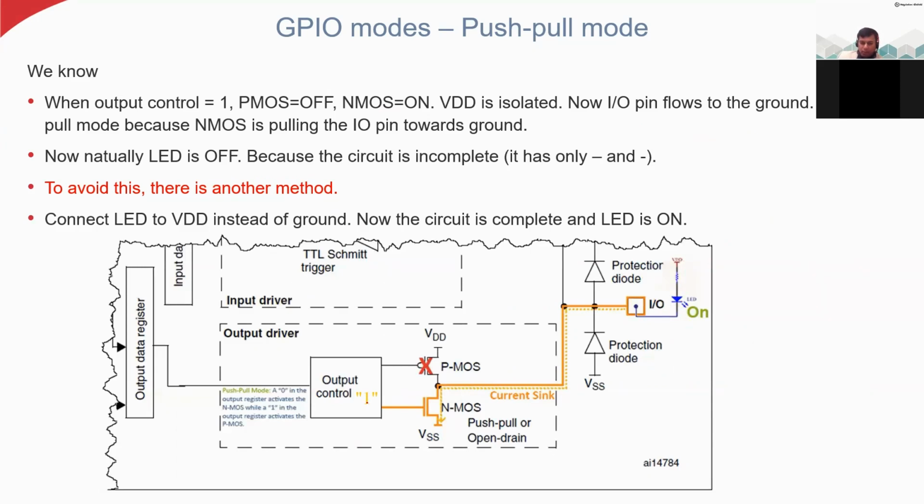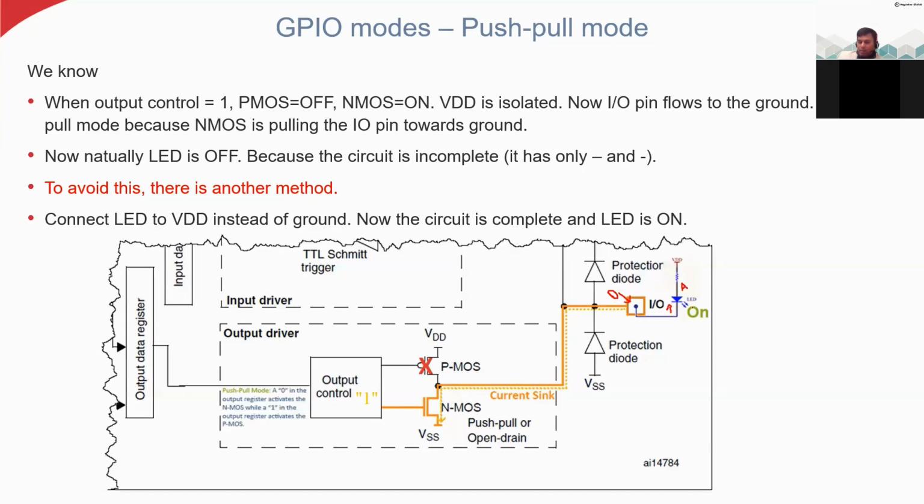For example, here we get 1 at the output, and because of this 1 there is a short circuit here. This NMOS is on and we are pulling this to ground, and then this ground is sending the low voltage to this IO pin. Even though the IO pin status is 0, we can turn on this LED, because this 0 goes to the cathode of the LED, and I connected the anode to VDD.